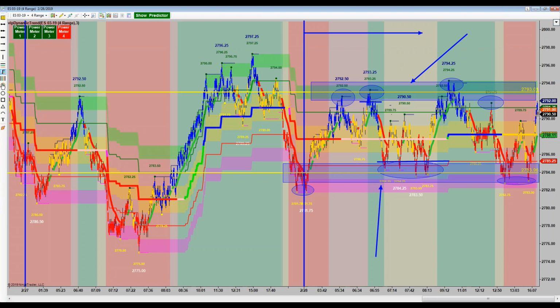Now, final question before we leave this range and move on. In a range like this, is it a good idea to take mid-band box trades? This is a yes or no question. 10 seconds on the clock. Just type in a Y or an N, whatever you cast your vote.